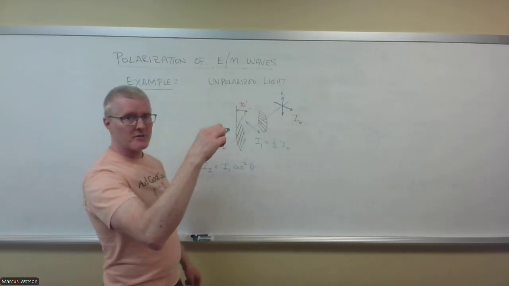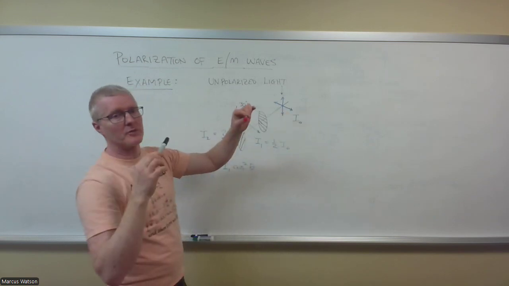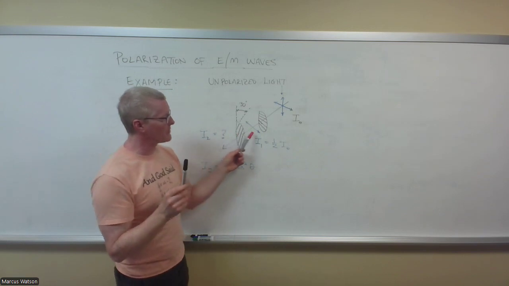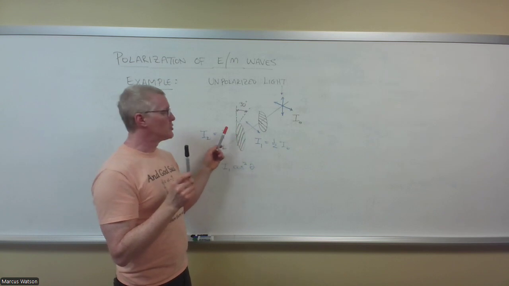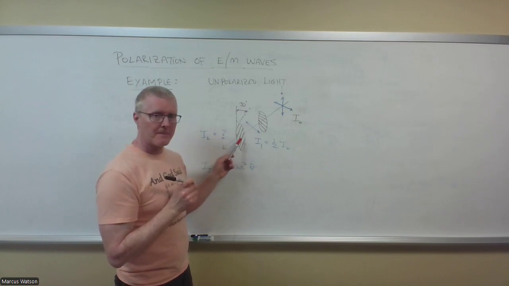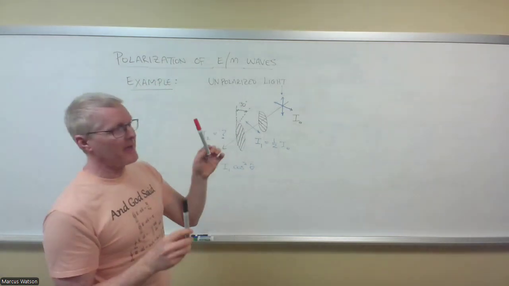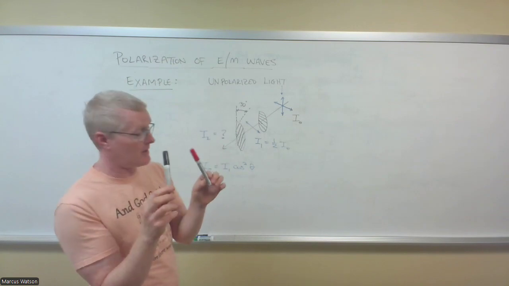If I have a horizontal polarized light and a horizontal filter, I want all the horizontal light to go through. Therefore, I need to think about what is the amount of light at an angle relative to the Polaroid filter. Okay? And that's the theta. Because every time I have these two things lined up, my cosine squared should be 1.